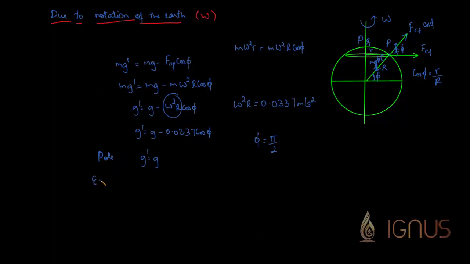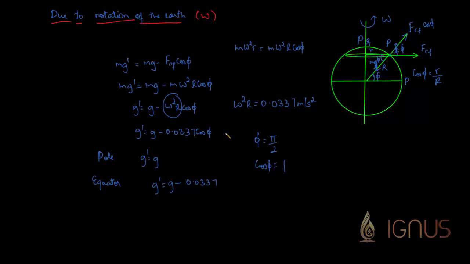What will happen at the equator? Now I know that cos phi is nothing but cos 0 because the angle will be 0. The person will be here. So it will be equal to 1. Therefore, g dash will be equal to g minus 0.0337. So we can say that g is least when the person is at the equator.